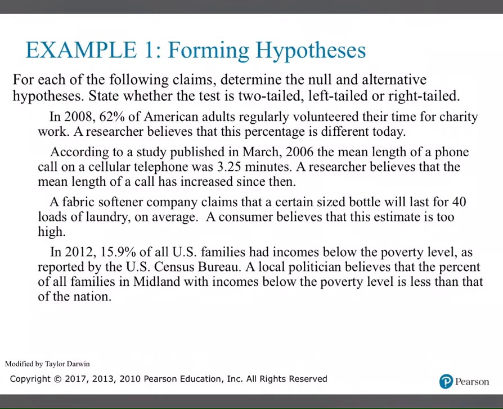Okay. When we are testing hypotheses, one of the first steps is actually forming the hypotheses. And so in order to form a hypothesis, we need to determine the null and alternative. We need to figure out if it is a mean or proportion.